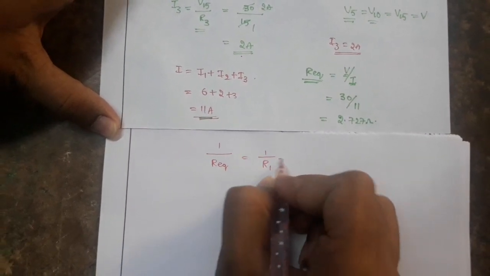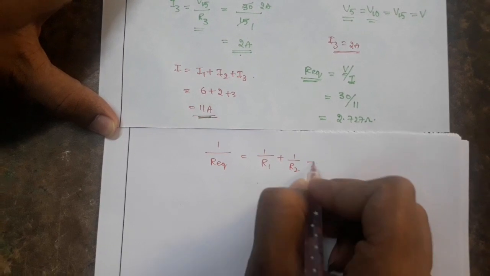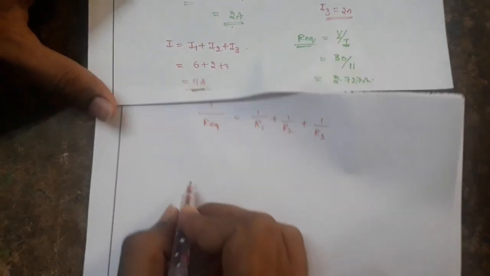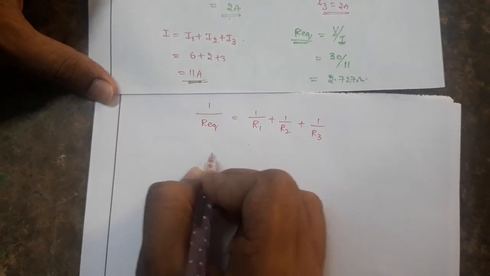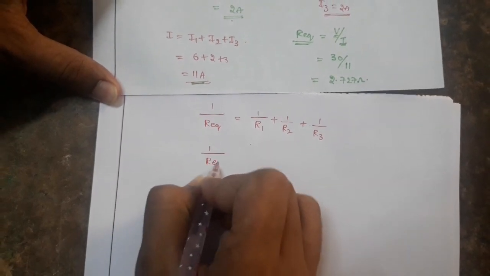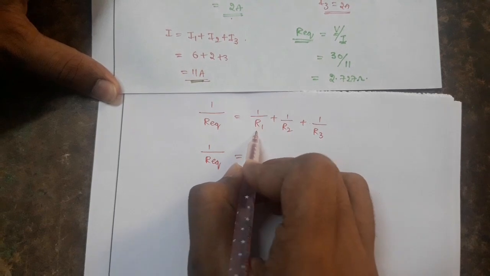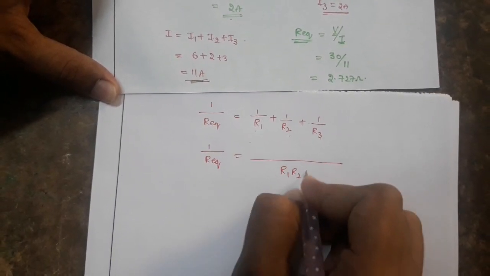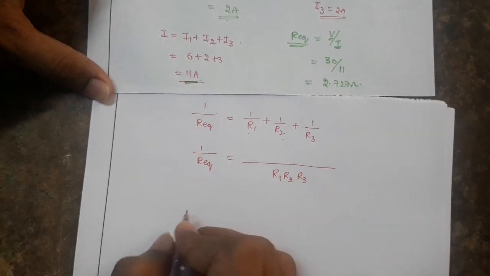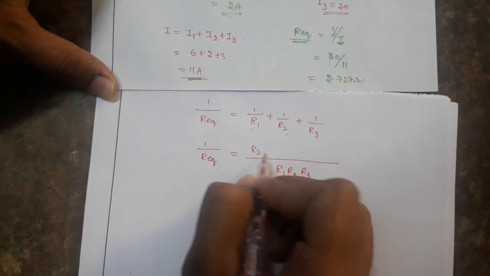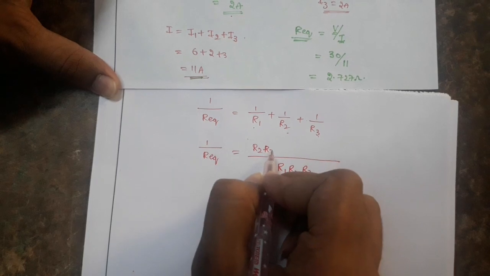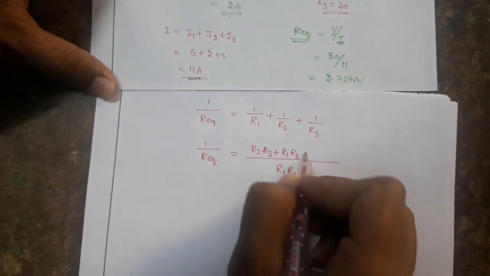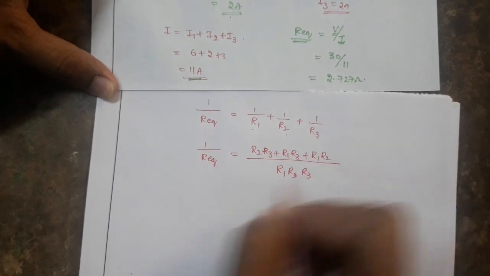By using this formula, we can find the R equivalent. So 1 by R equivalent equals, taking the LCM for R1, R2 and R3, we will get R1 R2 R3 in the denominator. You will get in the numerator R2 R3 plus R1 R3 plus R1 R2.